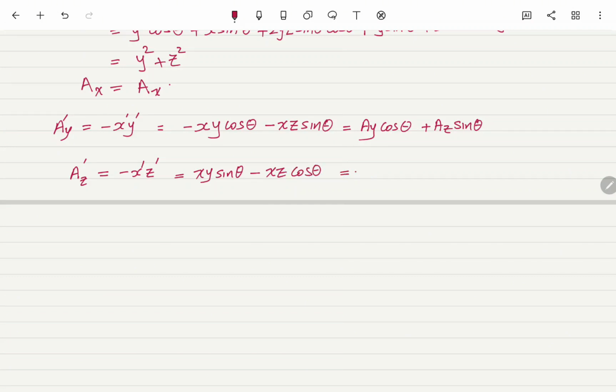Or in other words, it's minus ay sine theta plus az cosine theta. And again, az prime transforms in the same manner as z prime. So around the x-axis, yes, it satisfies the vector transformation. But again, we are not done yet. We have to prove it around the y-axis and around the z-axis.